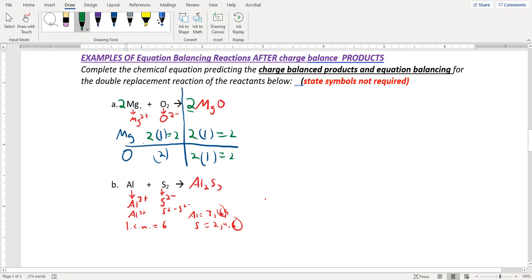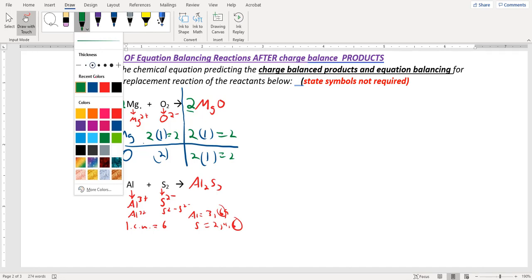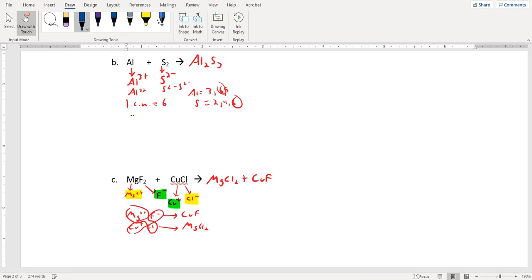Now we have to use our imagination. We're going to complete the equation predicting the charge balance products, and this has already been done. Aluminum sulfide has been predicted, and now we need to equation balance. So I'm going to pull out my blue pen again, and set up my atoms.